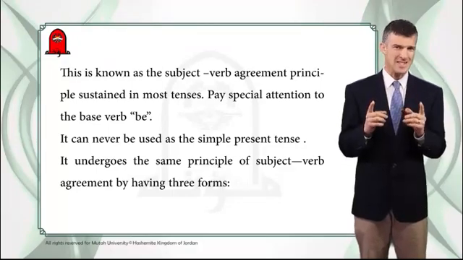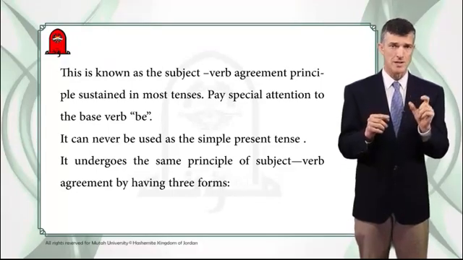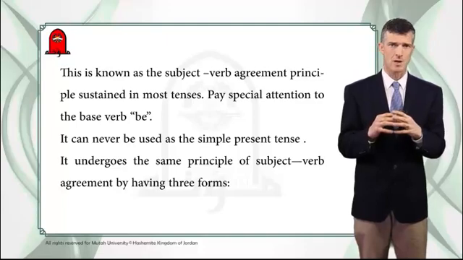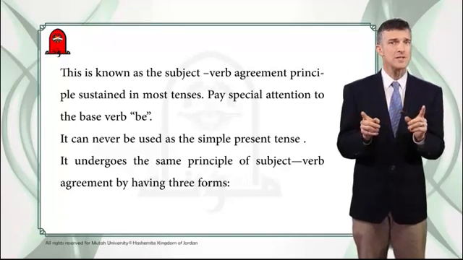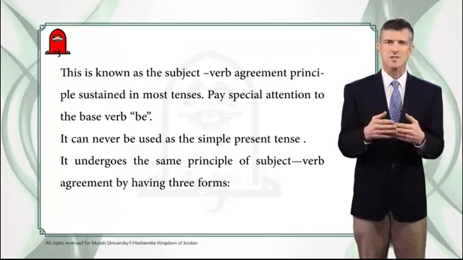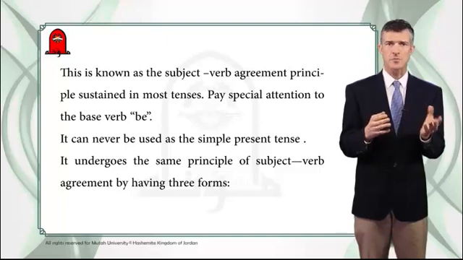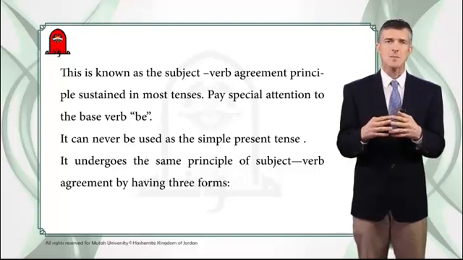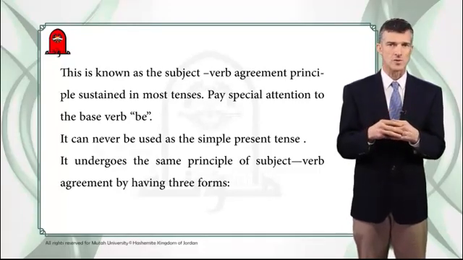Pay special attention to the base verb be. It can never be used as a simple present tense. It undergoes the same principle of subject-verb agreement by having 3 forms.